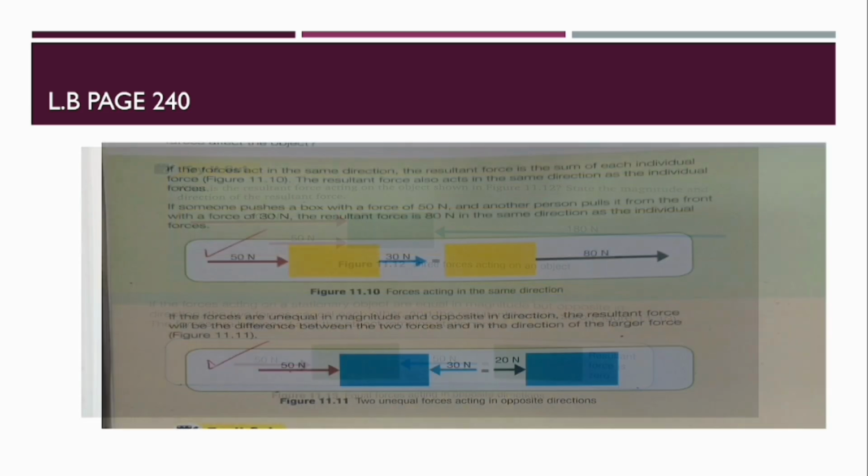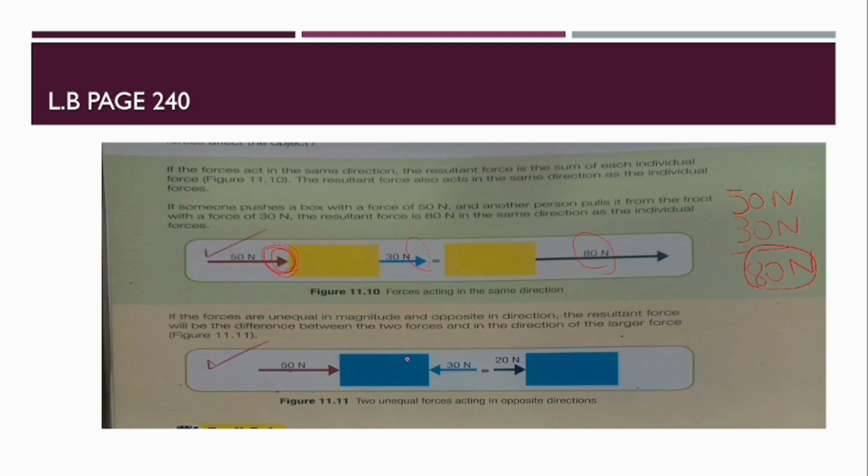But if we have to calculate the direction and magnitude of the forces which are acting in opposite direction, then we can't add them up. We have to subtract them. So in this case, we will subtract this from this to find the resultant of the force.